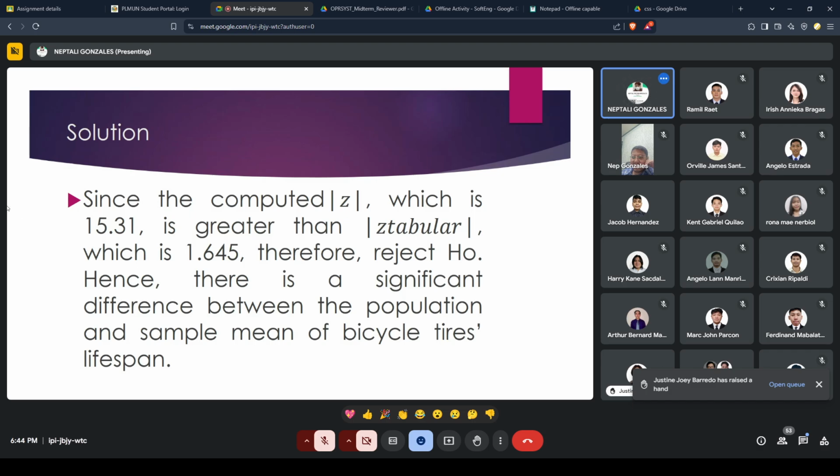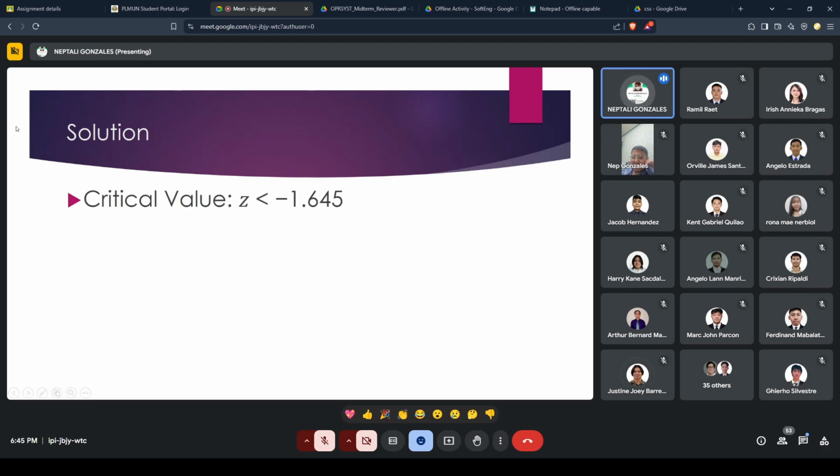Justin: Tas lagi din po bang given yung one tail, two tail? One-tailed or two-tailed? Yes po. Kayo magde-decide nun. Depende sa inyong binigay na null and alternative hypothesis. Tignan niyo yung kaibahan kanina ng null hypothesis.